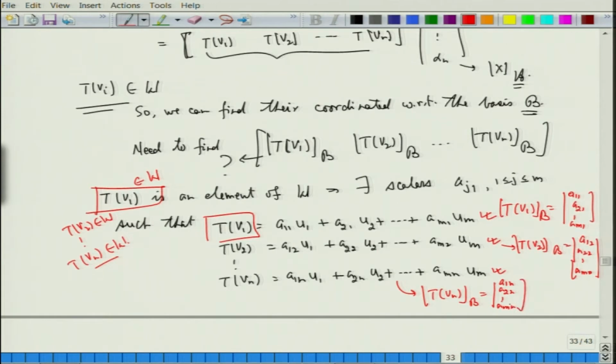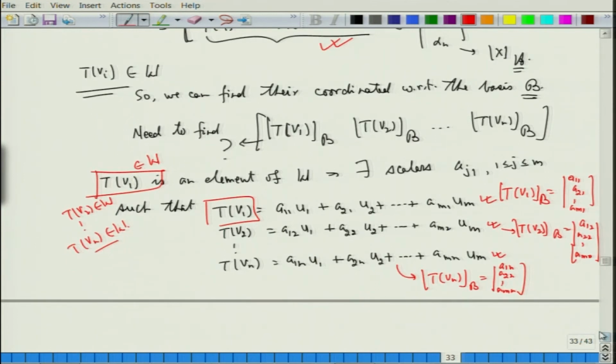Fine. Is that okay? And from there I can build up this matrix that I started with. Fine. So let's do that one by one slowly so that you understand them nicely. You have to be very careful, you have to understand it, otherwise there will be problems. Fine.